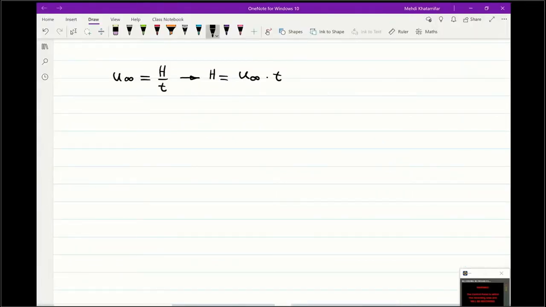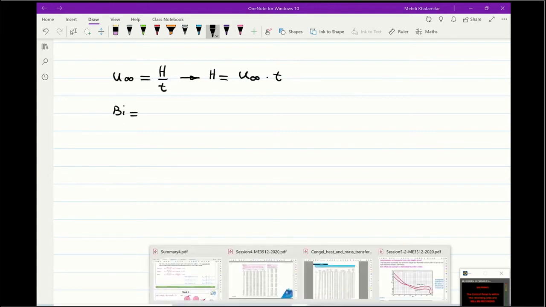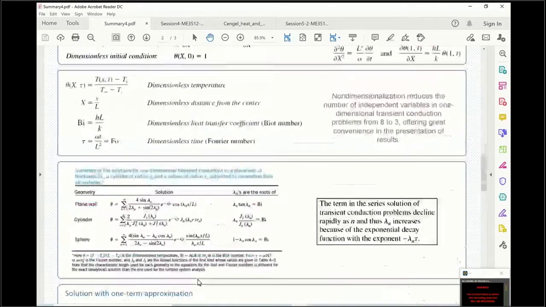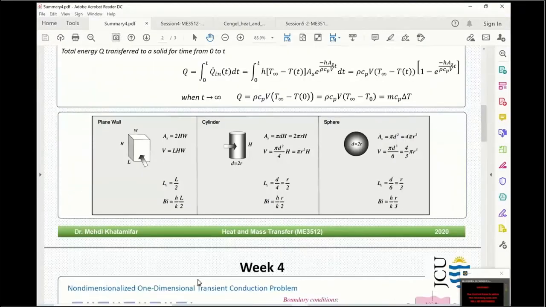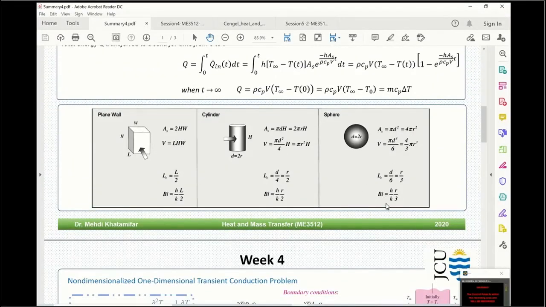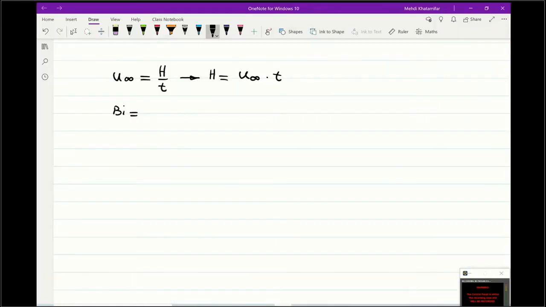So I want to know the time, so I need to check the Biot number. Let's write the Biot number formula I just showed you. Let's check it again. Okay, for a sphere, this is the Biot number. It is going to be the average h times the characteristic length, which is radius divided by 3, divided by k.